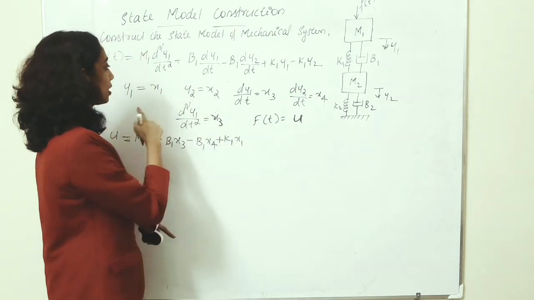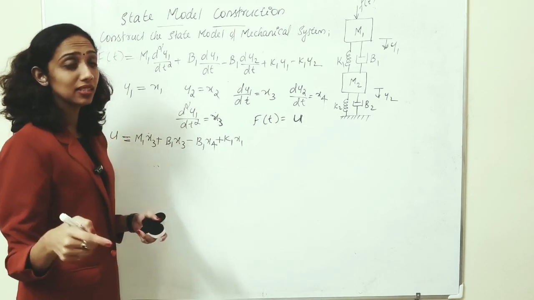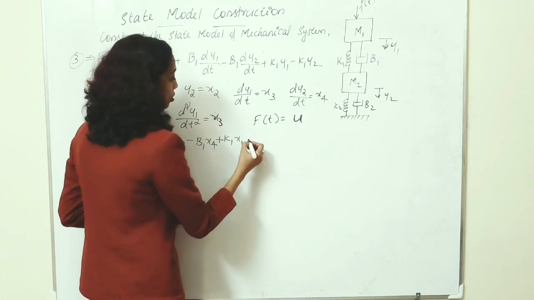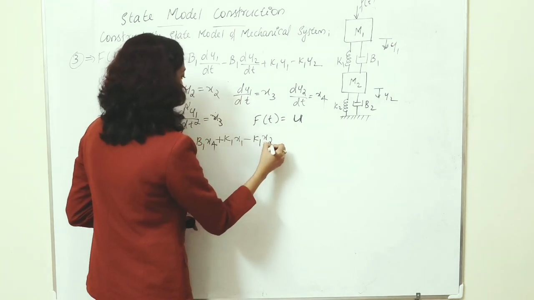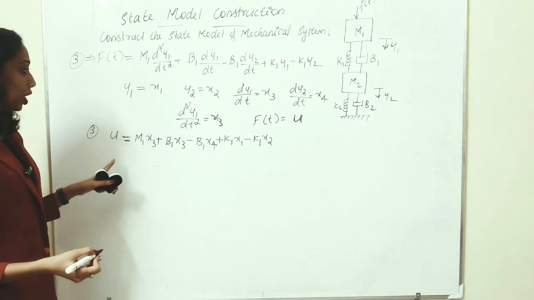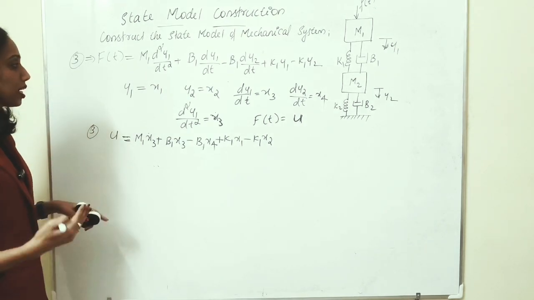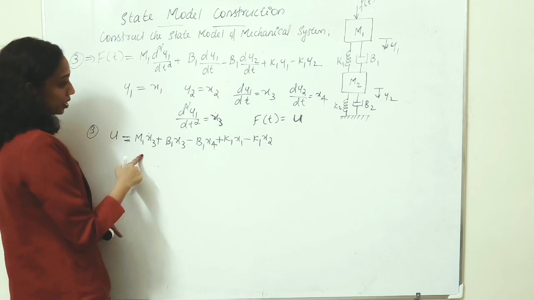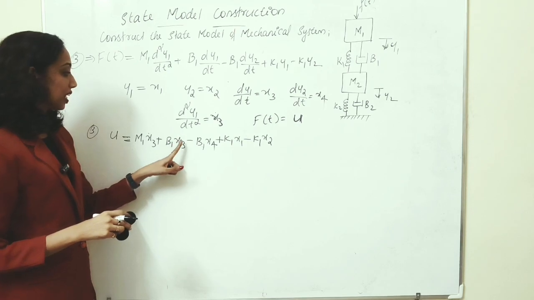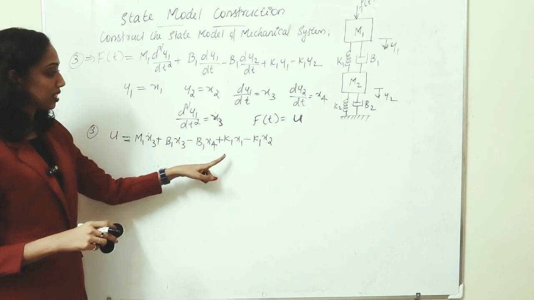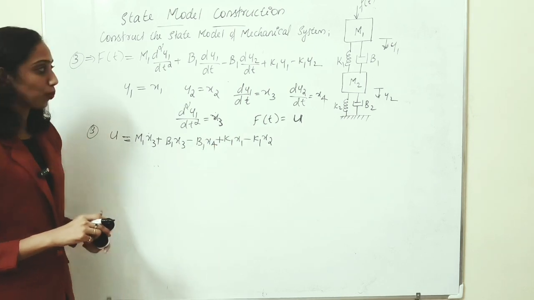For y1 I assign the state variable x1 and for y2 I assign x2, so it's minus k1 x2. This is our equation for making the state model: u is equal to m1 x3 dot plus b1 x3 minus b1 x4 plus k1 x1 minus k1 x2.